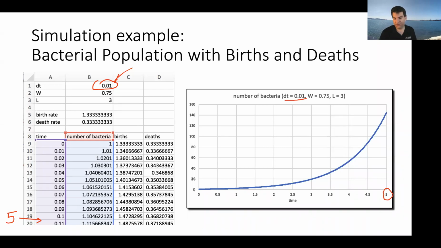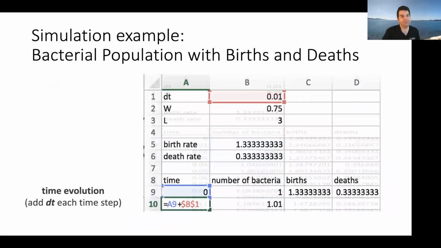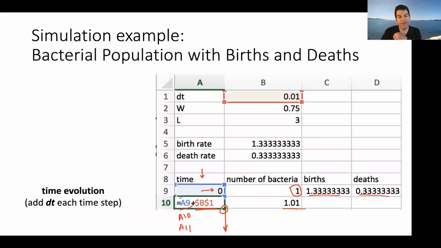Okay, so if your time intervals, so I assume you mean this column here, are all saying 0, then that might mean that you grabbed this top cell and filled it down. If I go back to where we did the formula for that time column, you need to make sure that this formula is in the first cell under the 0, and then fill that one down.